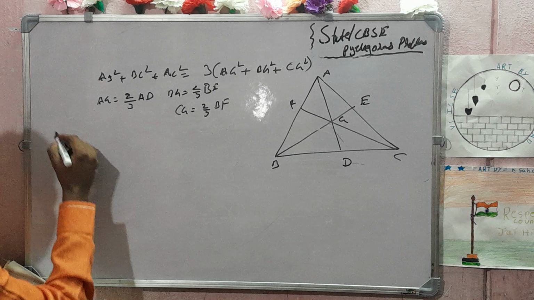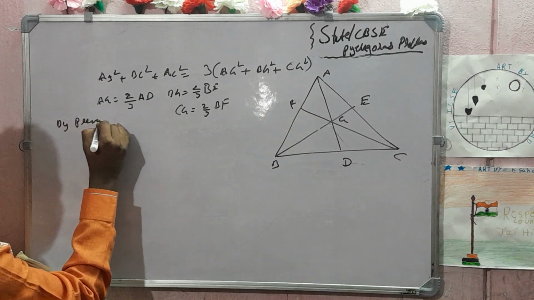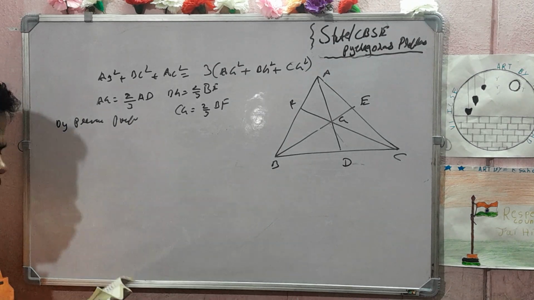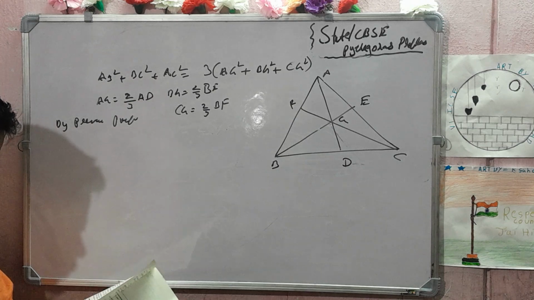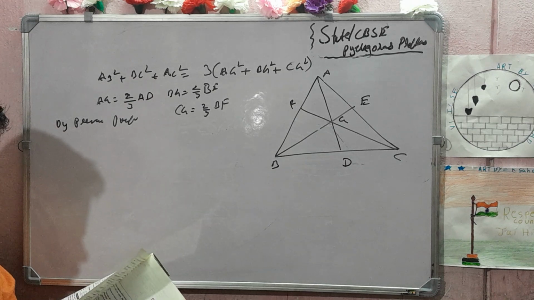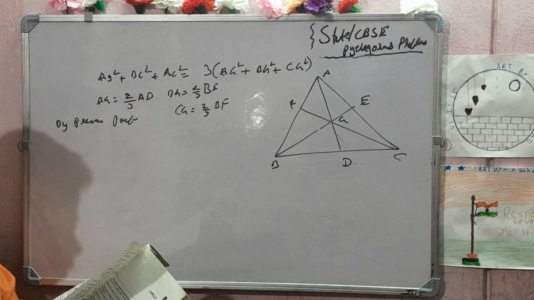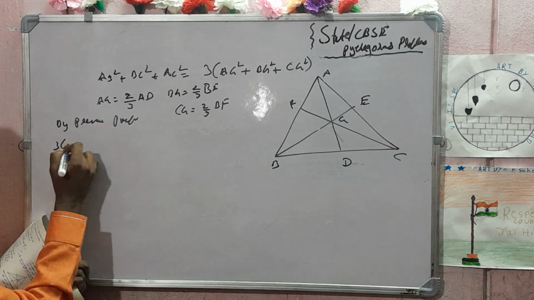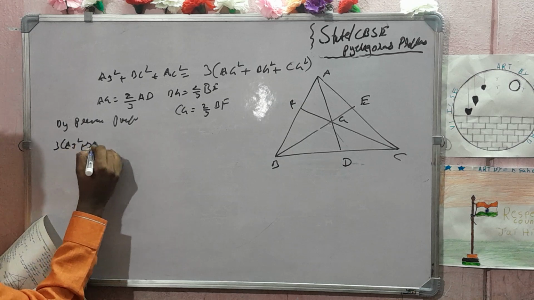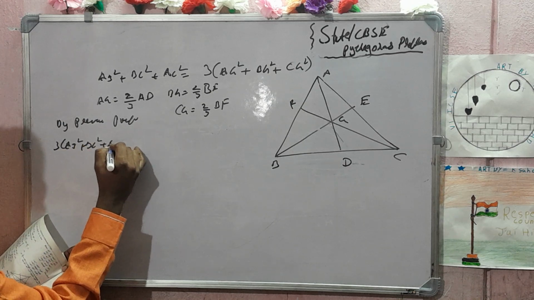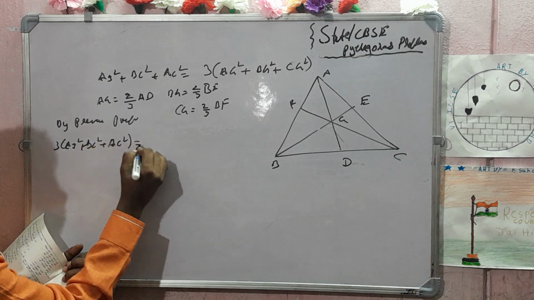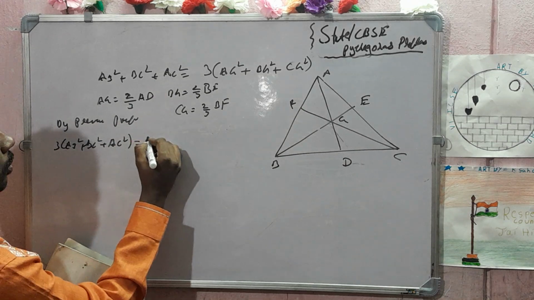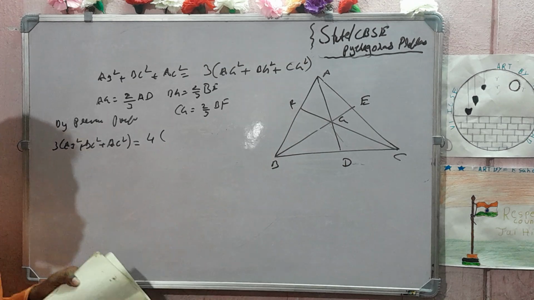Now, what you have to do is, by the previous problem, just now some time back we have done this. We have already proved that 3 times the sum of squares of the sides of the triangle, AB square plus BC square plus AC square, is equal to 4 times the sum of the squares of the medians of the triangle, AD square plus BE square plus CF square.